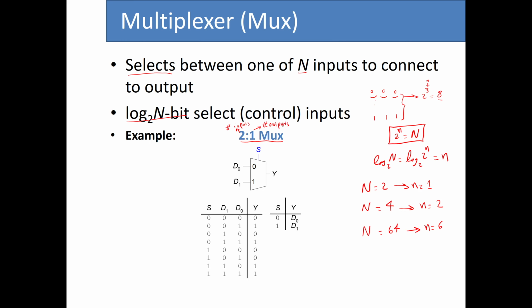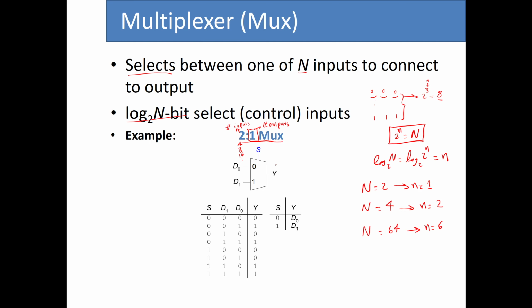So in multiplexers, this is always 1. The number of inputs can be different. It can be 4, 8, 16, all the way to the value that we want. Again, this is a power of 2, but the output is always 1. So we always choose one of the inputs and deliver it to the output.